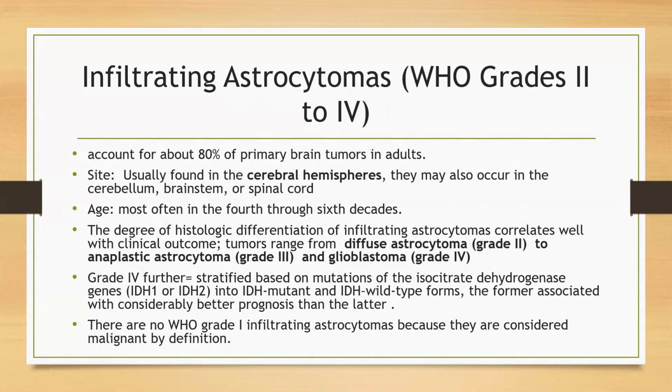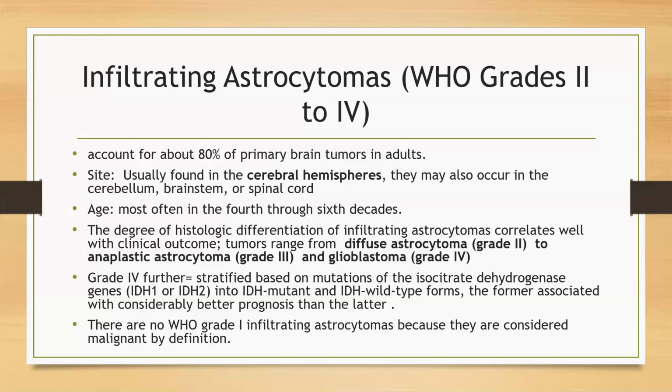Infiltrating astrocytoma, WHO grade 2 to 4, is most common, often in the 4th to 6th decade. The degree of histologic differentiation of infiltrating astrocytoma correlates well with clinical outcome. The tumor ranges from diffuse astrocytoma grade 2 to anaplastic astrocytoma grade 3 and glioblastoma grade 4. Remember DAG 234: D for diffuse astrocytoma, A for anaplastic astrocytoma, and G for glioblastoma.